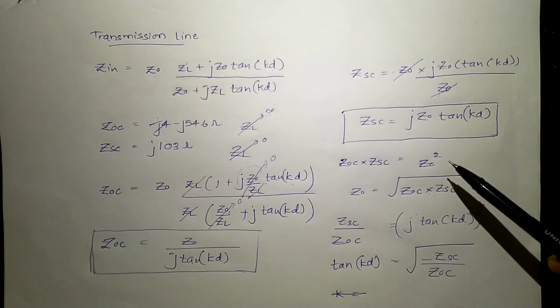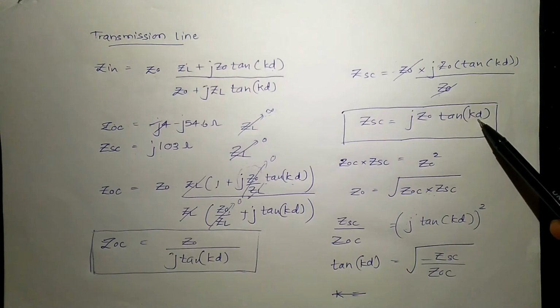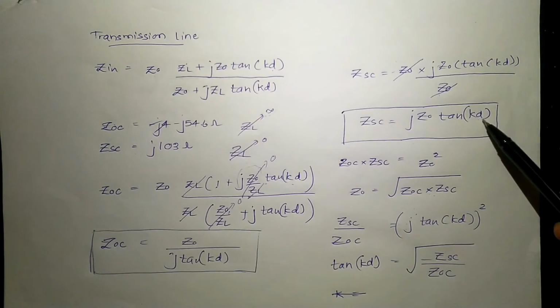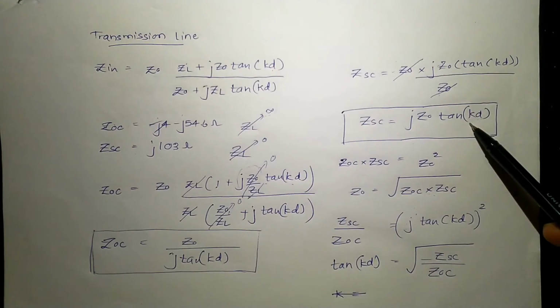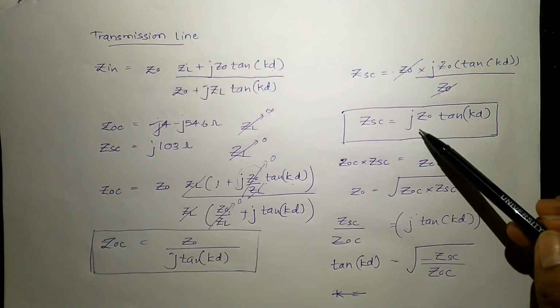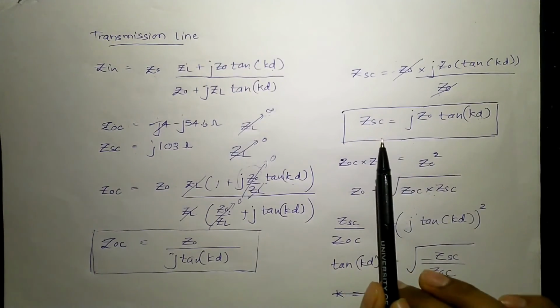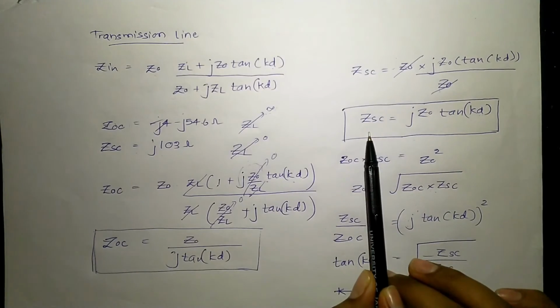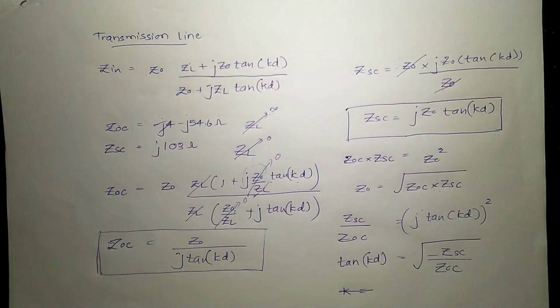In question 2, D is twice, so the value of D is not 1.5 meters, it's 3 meters. Substituting the value 3, the K value and the Z0 from the previous question, we can get the new short circuit impedance value. So this is the way to do the second question.